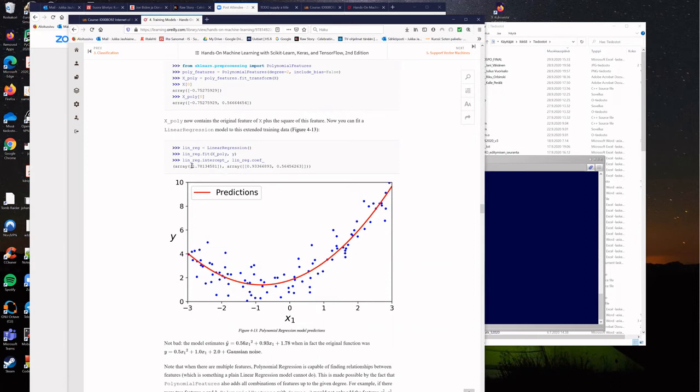So this array contains the constant term 1.78, then the first order coefficient 0.93, and the second order coefficient 0.56.